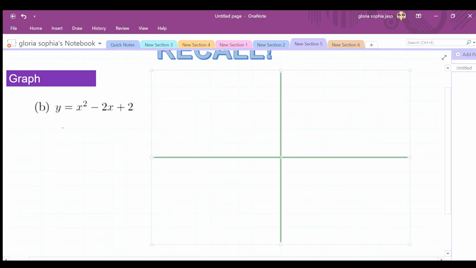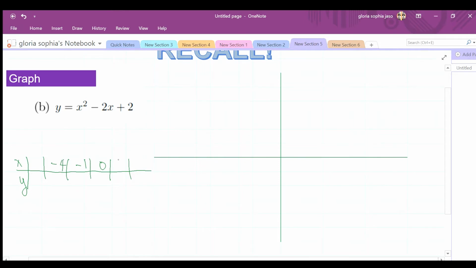Okay. So, again, we will create a table of values for our points. So, 0, pwedeng negative 1, then negative 4.